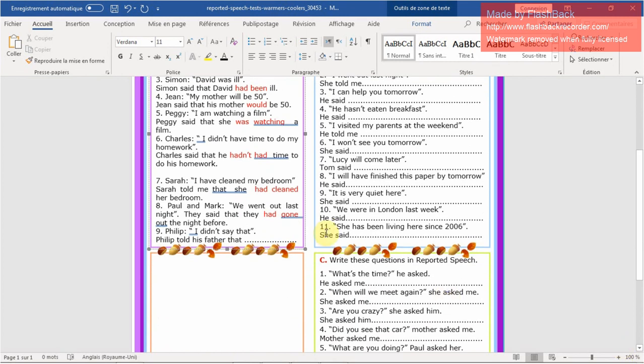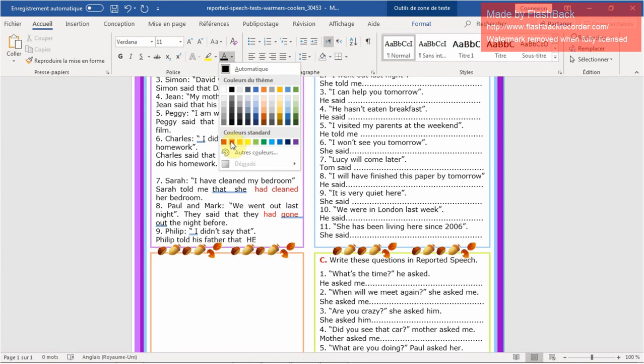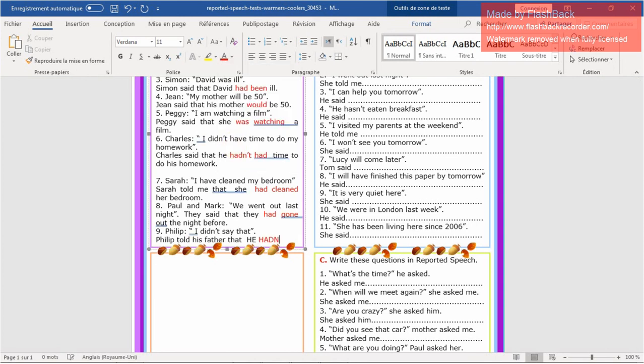Now the last one. I didn't say that. You have the verb to say in simple past negative form. It should turn into past perfect negative form. Okay? So Philip told his father that he hadn't said that.